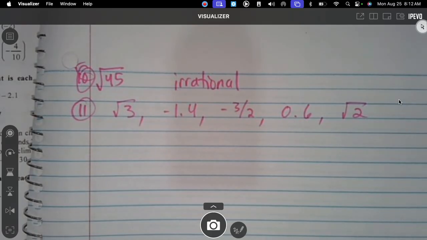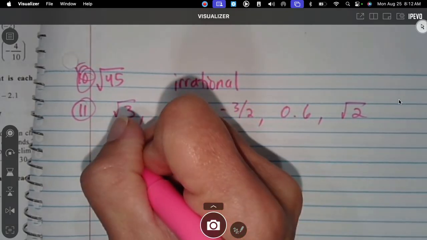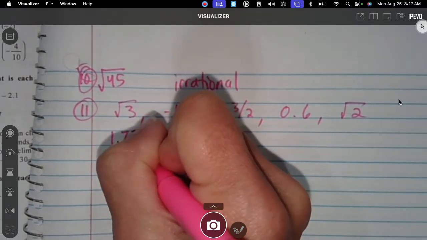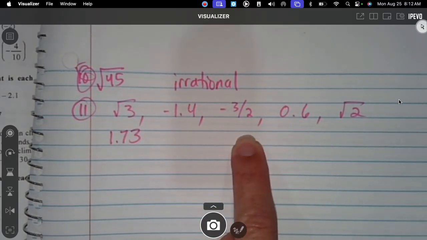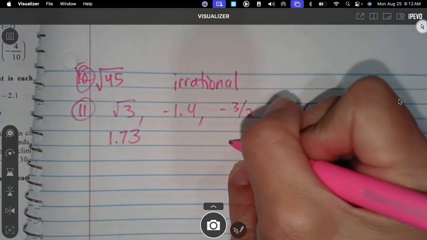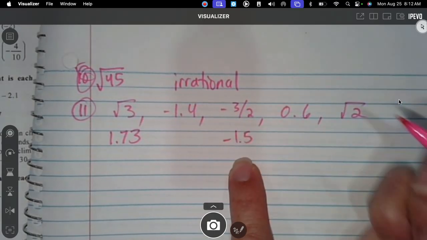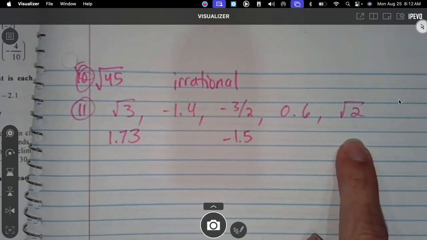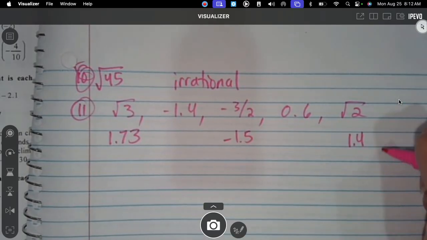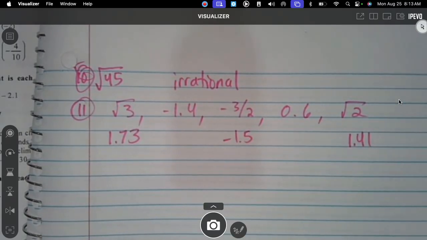So the square root of 3, I don't know exactly what it is, but if I put it in my calculator, it tells me it's about 1.73. Negative 3 halves is negative 1.5, right? That one's already a decimal. The square root of 2, I don't know what that is, so I'll put it in my calculator, and it's about 1.41. So it says, put them from least to greatest.